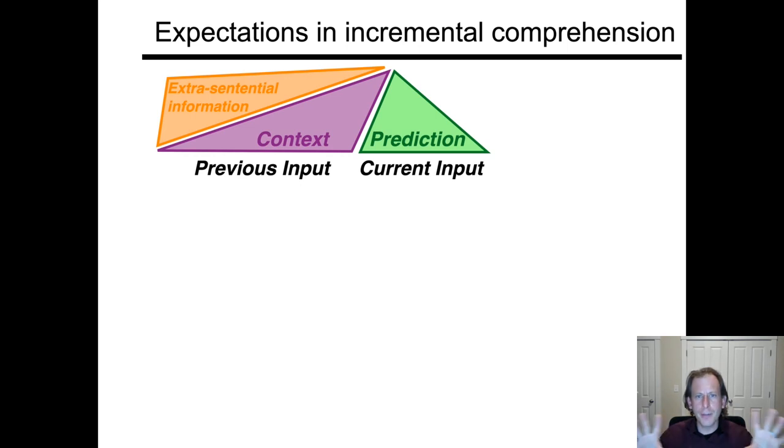So this is a big picture view of the way that incremental language understanding unfolds. At any particular moment in time, we've got recent preceding input, say from the preceding sentence that we're in, from the current sentence that we're in, and then we have information that's outside of that context. So we have more local context and then extra sentential information, previous language or maybe visual information in the environment.